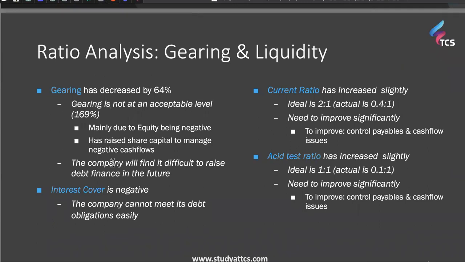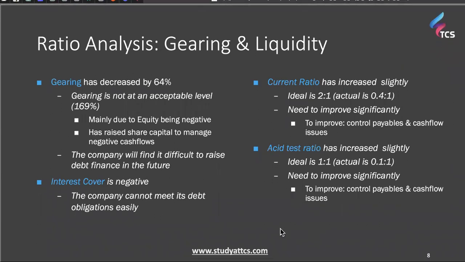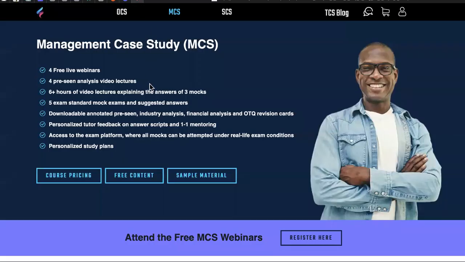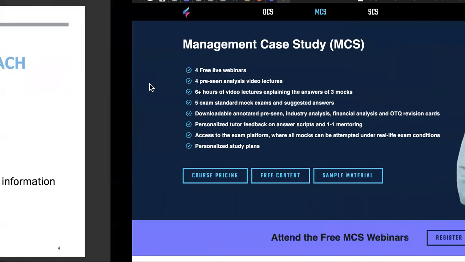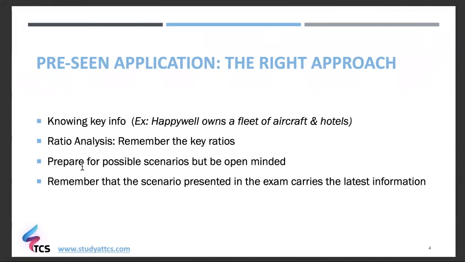All this information is provided in an understandable and concise manner, so that you can leave out all the unnecessary information and just focus on the most relevant and important information which you need to remember about the company. So that's about the ratio analysis.